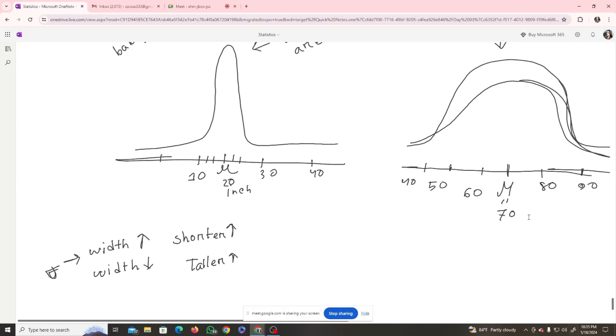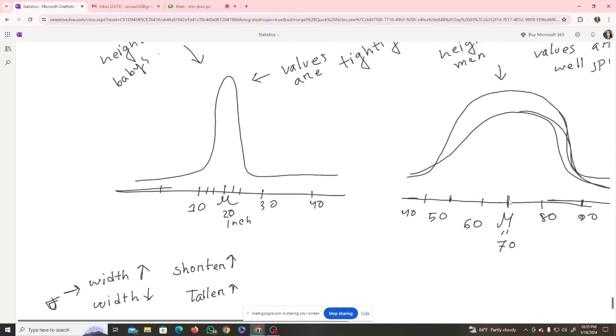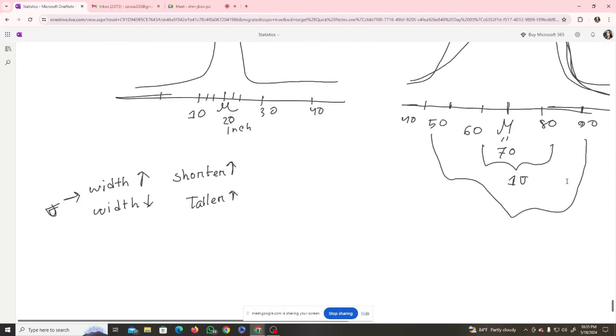But in this case, you can see that suppose this is one standard deviation, then this is two standard deviations. We have already talked about it in the previous sessions.